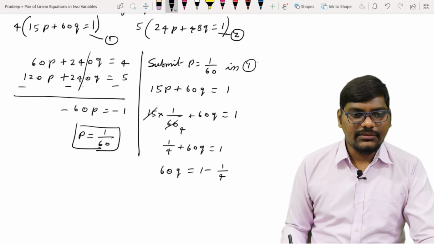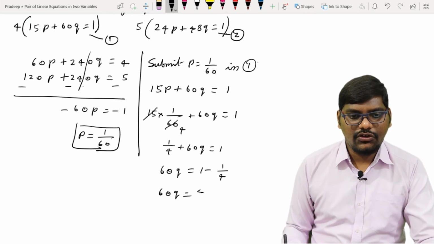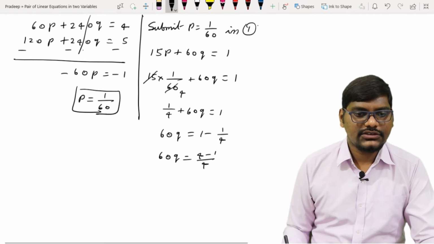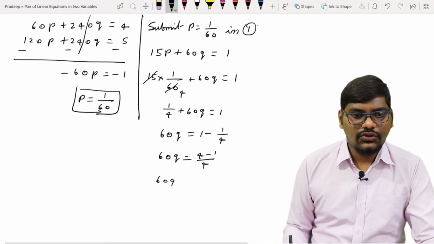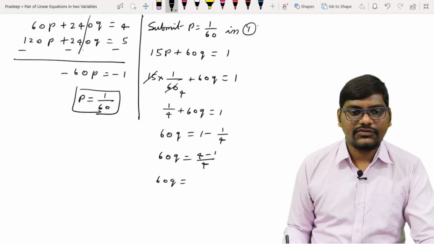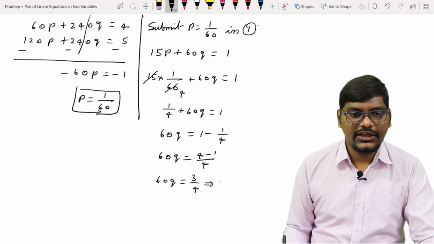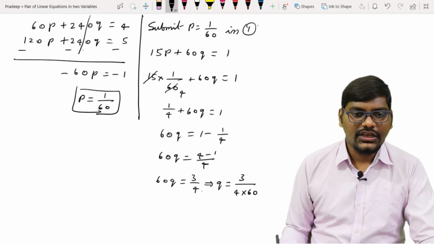If we do the LCM, we'll be getting 60q equal to 4 minus 1 by 4, that is 3 by 4. This 60 I'm sending to this side, so we'll be getting q equal to 3 by 4 into 60. This is 3 ones are 3, this is 3 20s.